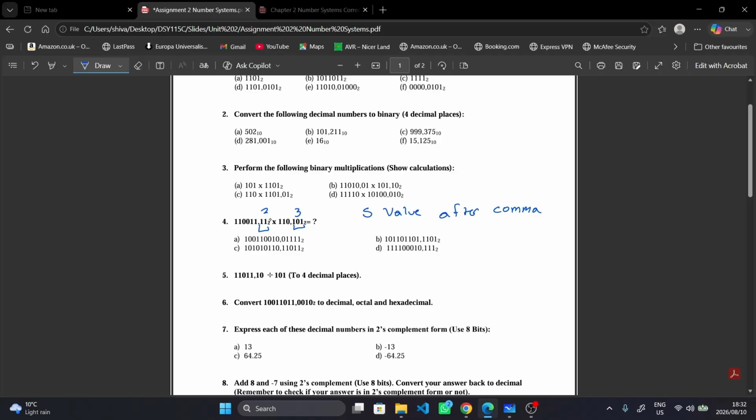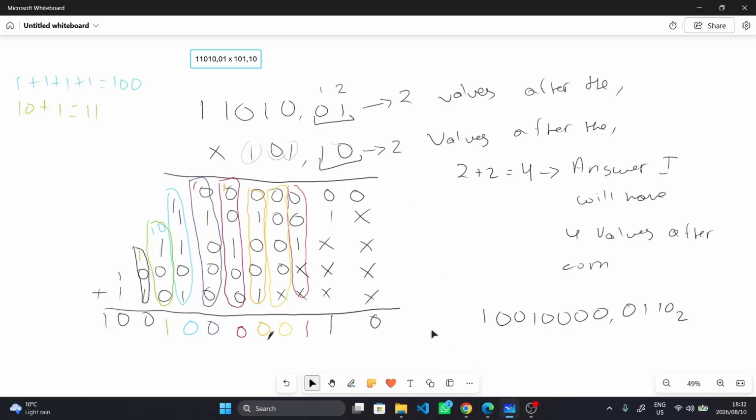So you do your multiplication, then you just check how many values after the comma for both of the values you're multiplying, then you add them together, and then you just say, okay, I'll have 5 values after the comma. So then from there you can calculate your answer, right? So that was multiplication, right?